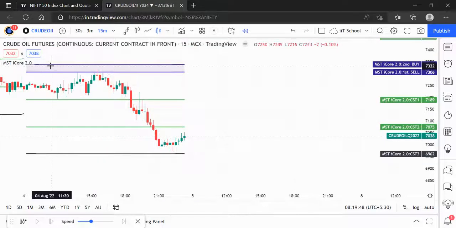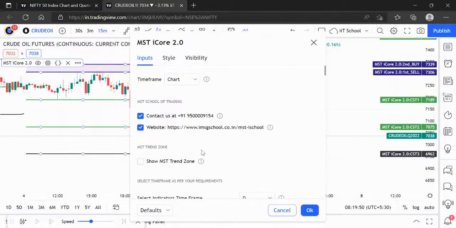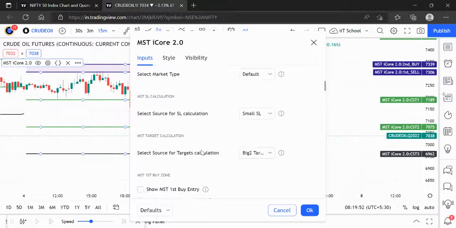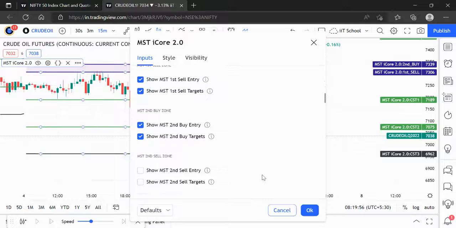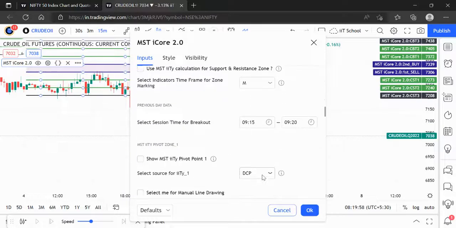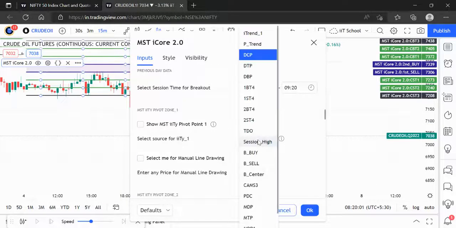If you don't want to add big two targets, then you come here and just keep it in small targets, and here you can enable first sell target 4.